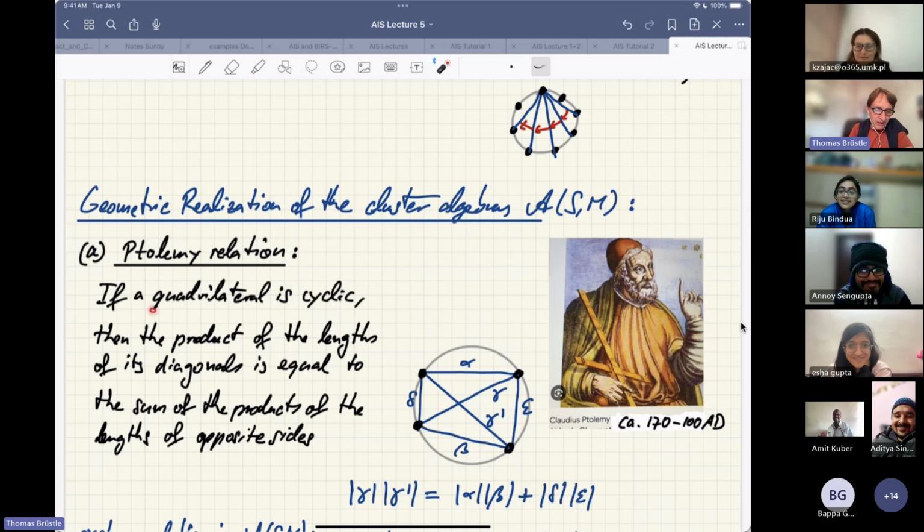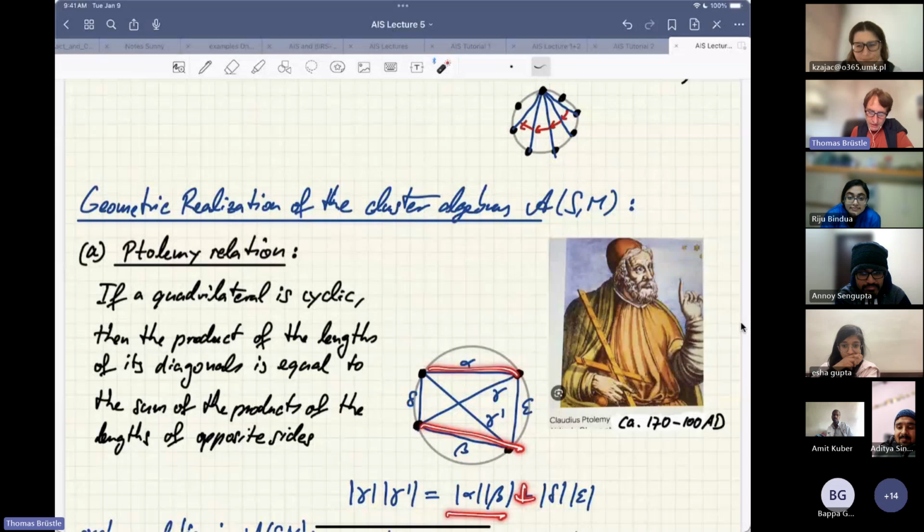When you have a cyclic quadrilateral, when you have 4 points sitting on a cycle, then the product of the lengths of its diagonals, say the diagonals are gamma and gamma prime, is equal to the sum of the products of the lengths of the opposite sides.